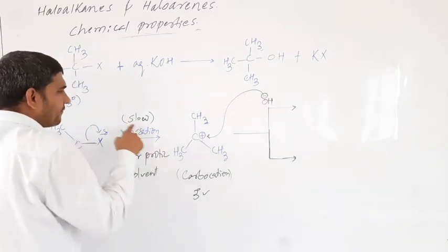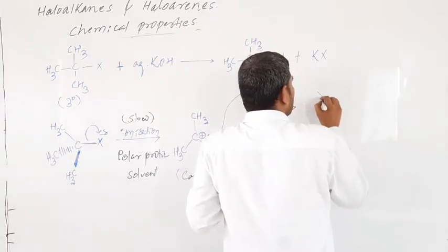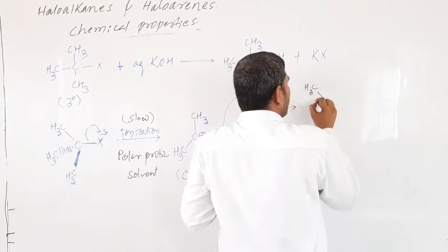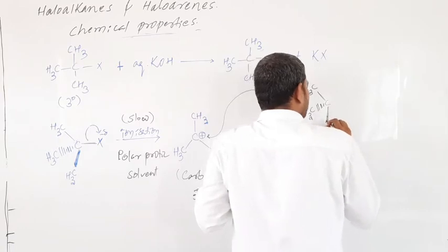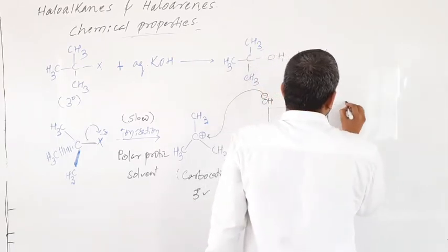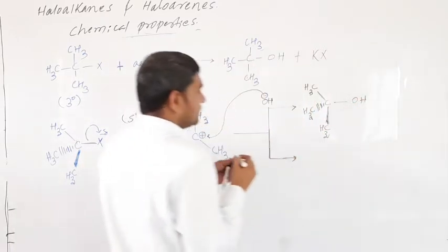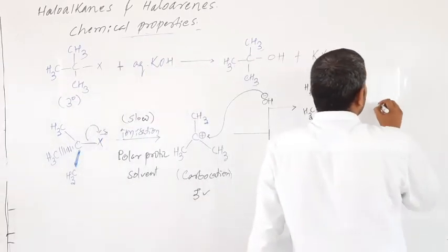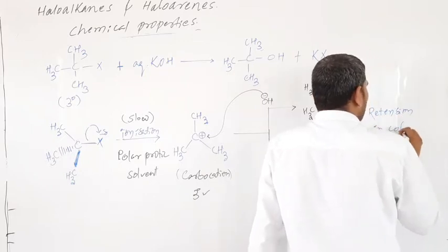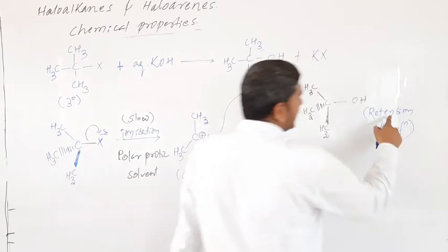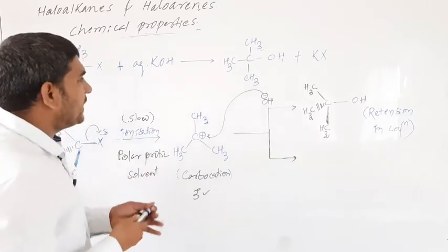It can attack this carbon from the same side of the halogen atom, to form alcohol with retention in configuration, meaning a product with retention in configuration. Understood? Retention in configuration. Okay, I will write it shortly.